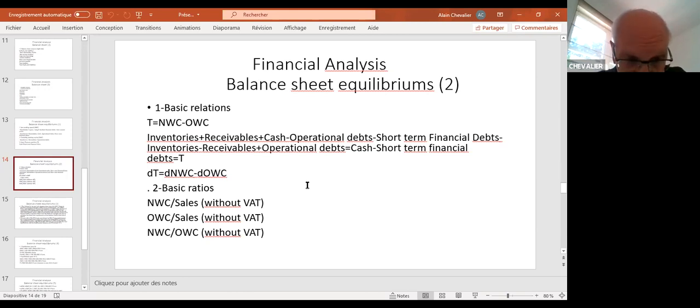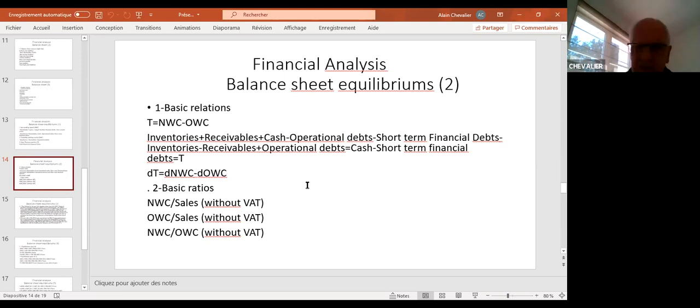And the conclusion was about ratios, and I said a few words about three main ratios used with net working capital and operating working capital. The first two ratios are comparisons of the net working capital and the operating working capital to sales, and the third one is the comparison between net working capital and operating working capital.